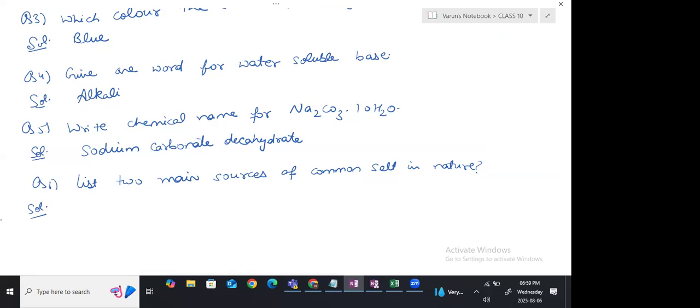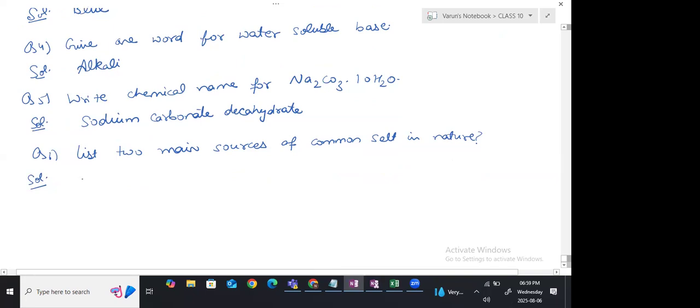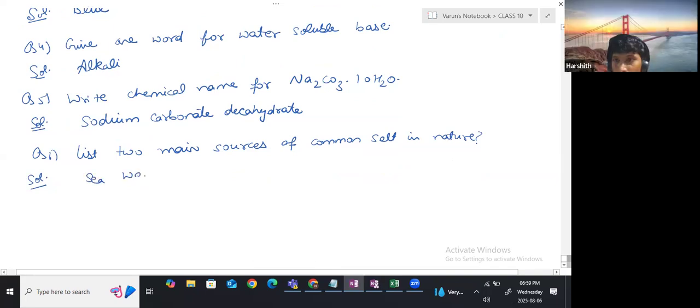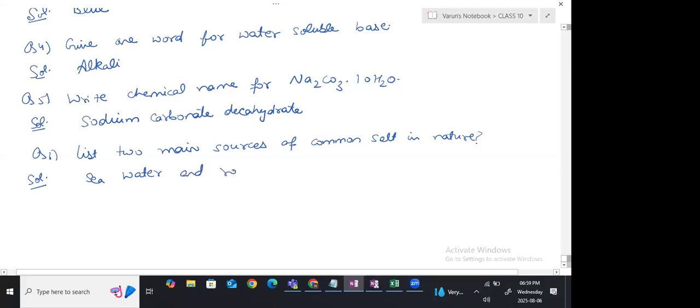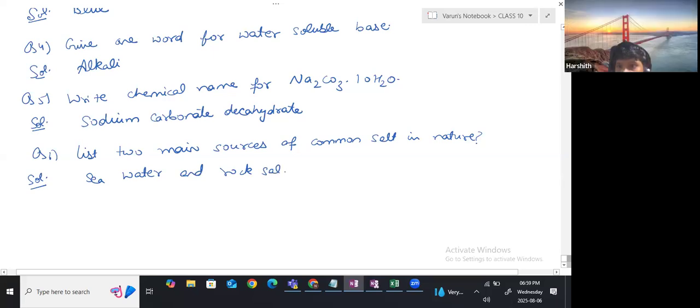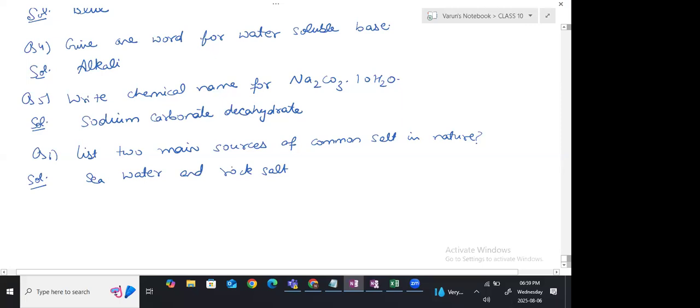It is rock salt, from mountains. But maximum salt comes from the sea only. Yes, maximum is from seawater, but we can obtain it from rock salt also.